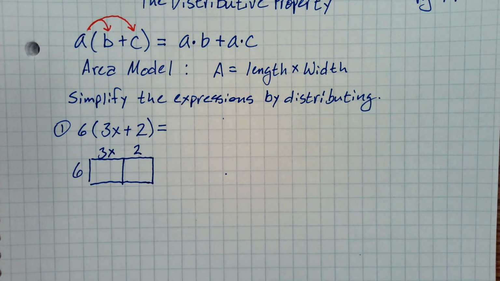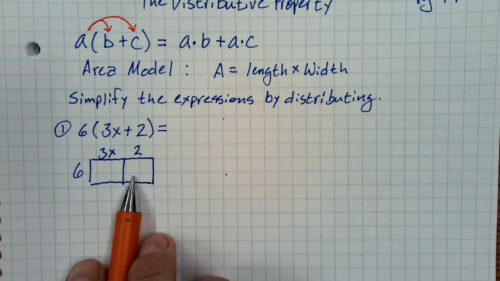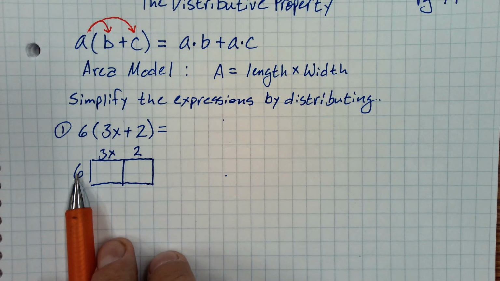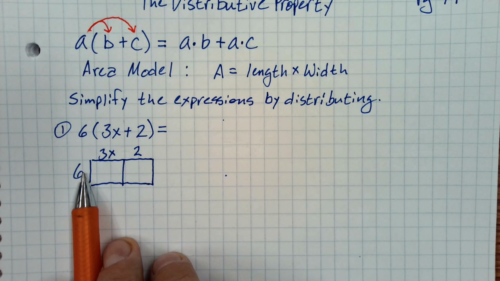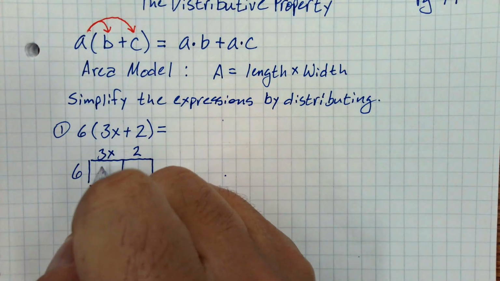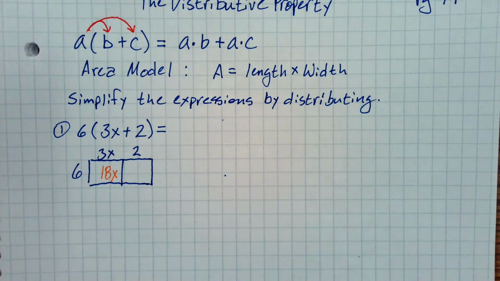Now, inside, we're going to fill in the area by multiplying. Have you done this before? It looks familiar? Okay. Well, let's do 6 times 3x. Let's see what we get. 18x. You multiply the coefficients together. You get 18 times x, but we say 18x.